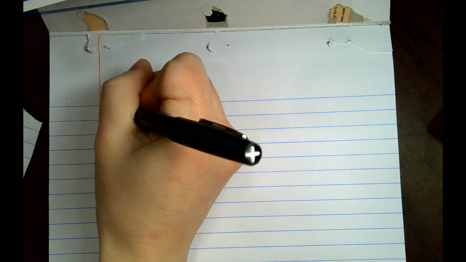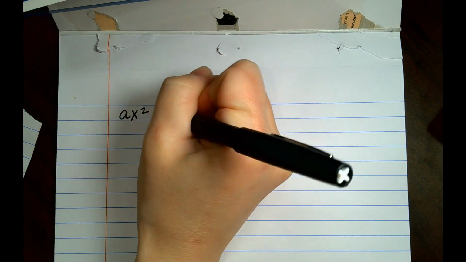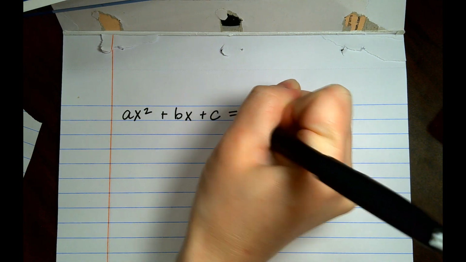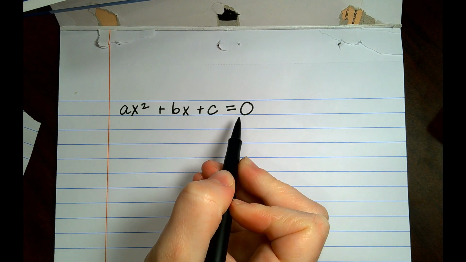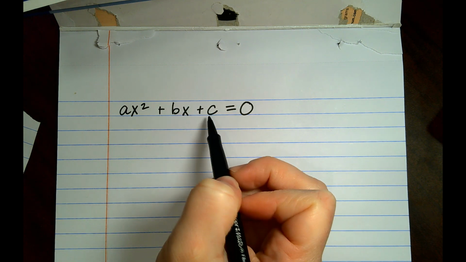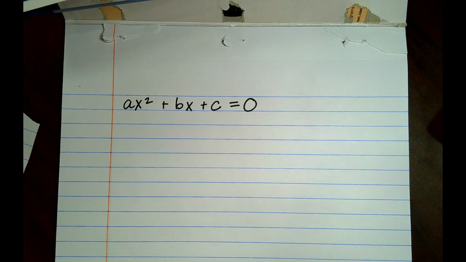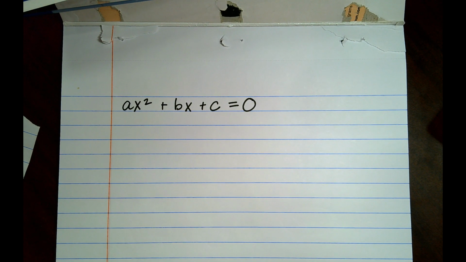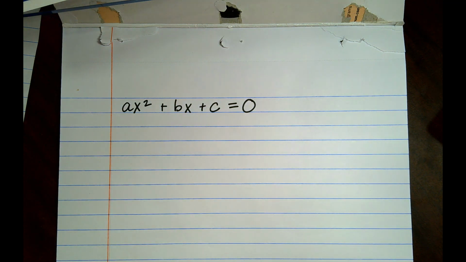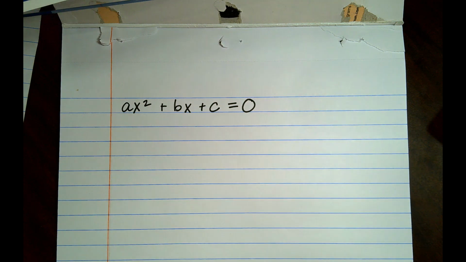If I have my ax squared plus bx plus c, and it's already equal to 0, then I can say, okay, this is a, this is b, this is c. I'm going to find my discriminant. I'm going to solve the formula. The only time that we need to rearrange the equation first is if it's not equal to 0. We need to get it there first. So we could make a note of that.